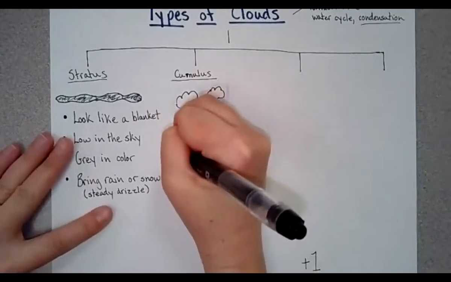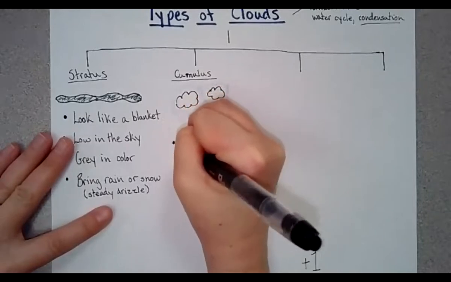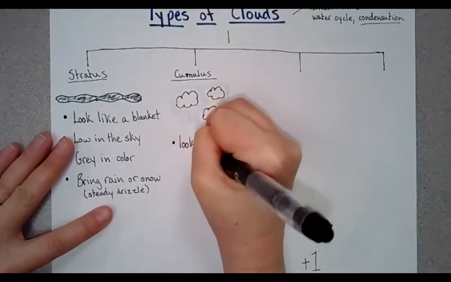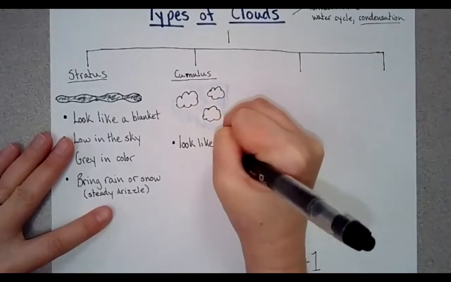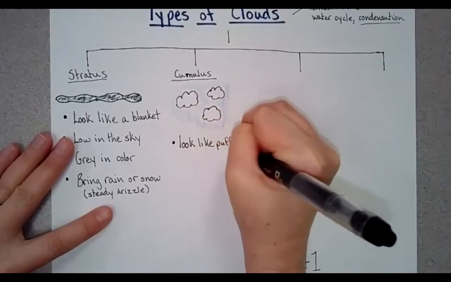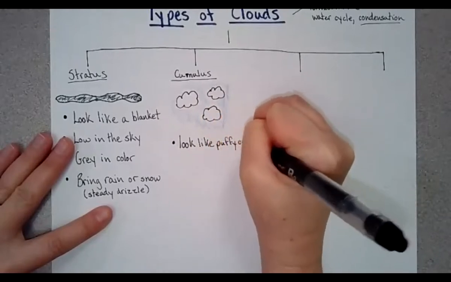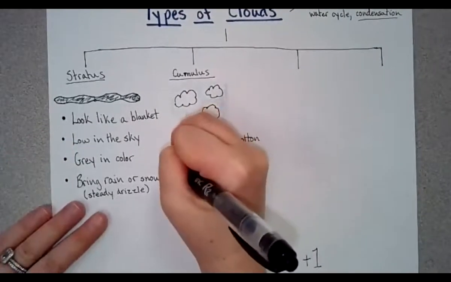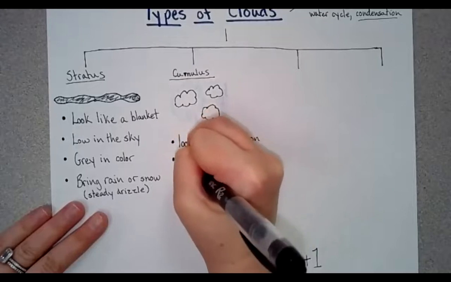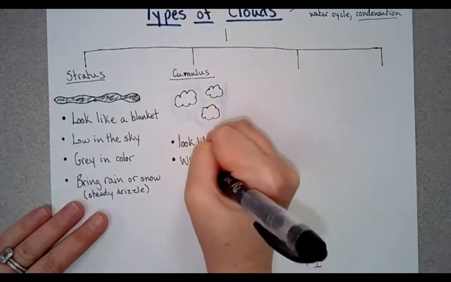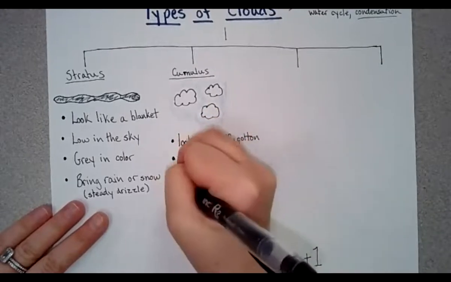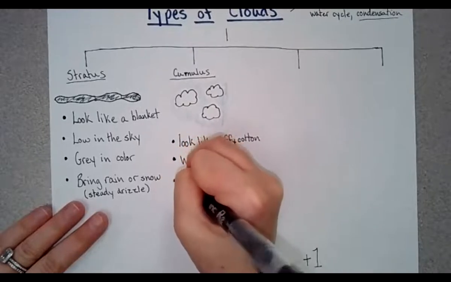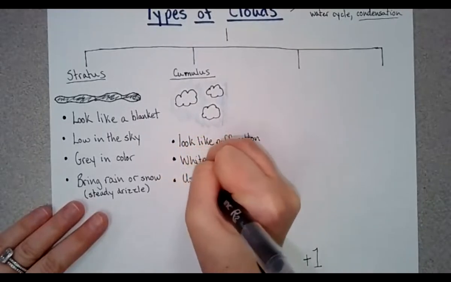These look like puffy cotton. Cumulus clouds are white. They usually mean there's fair weather.